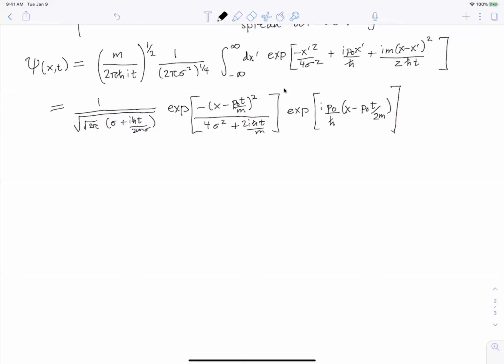So we're going to use the fact that 1 over a plus ib, where a and b are real numbers, can be written as a minus ib over a squared plus b squared. That's for real a and b. We're going to use that on this exponential.